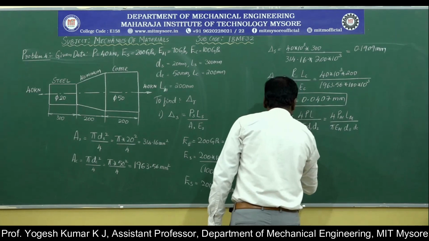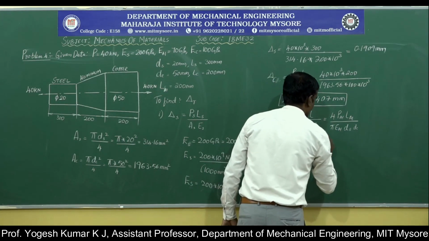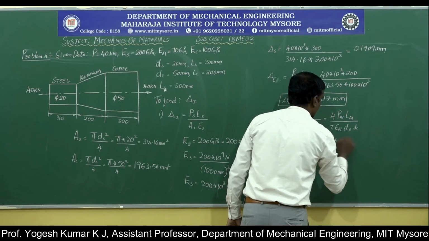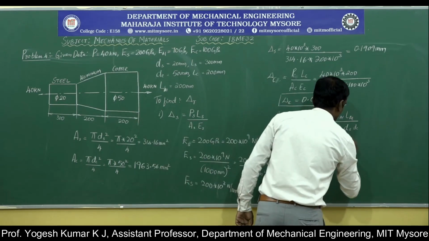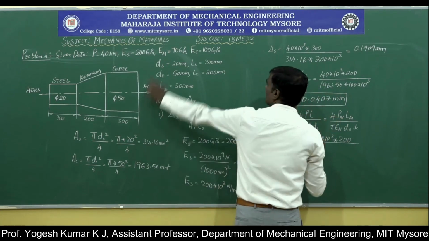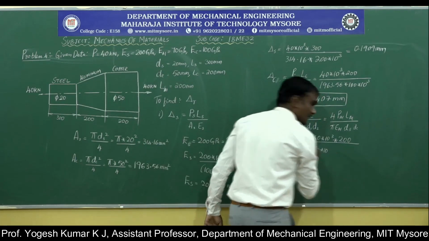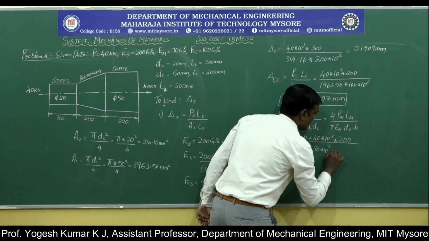Now on substitution, delta AL equals 4 into 40 into 10 power 3 into the length 200 divided by pi. Remember the Young's modulus of aluminium is 70 gigapascal, which can be written as 70 into 10 power 3.